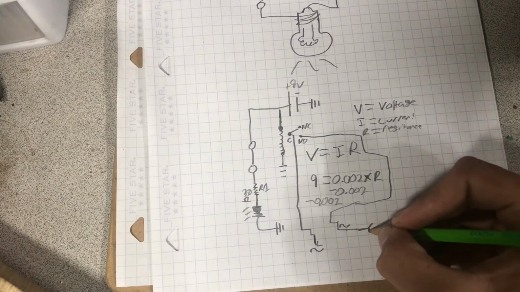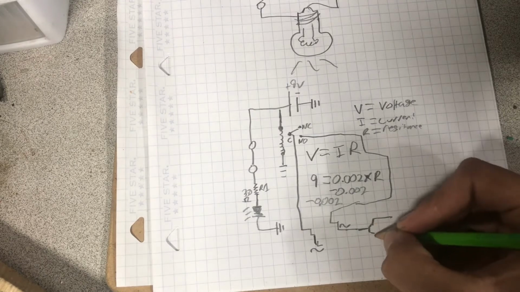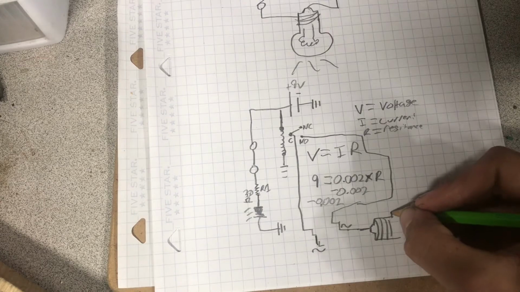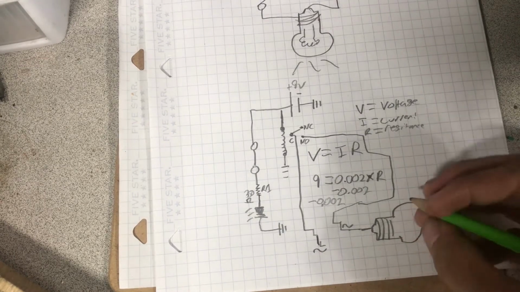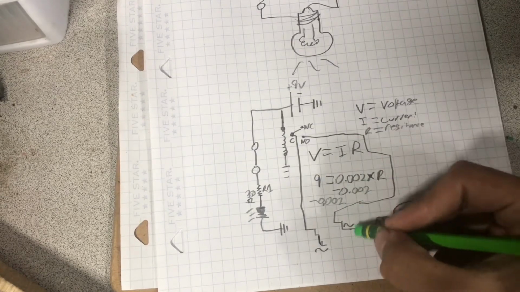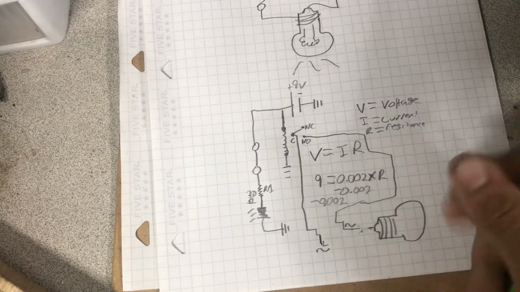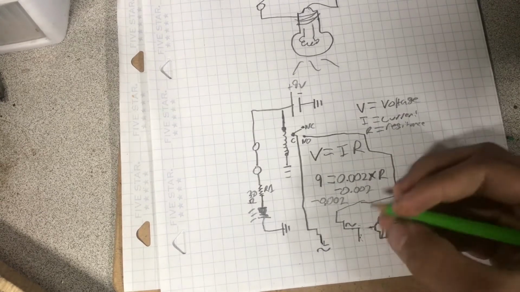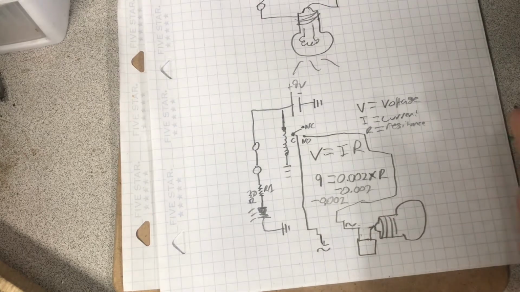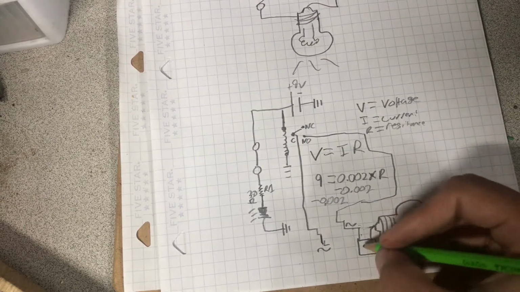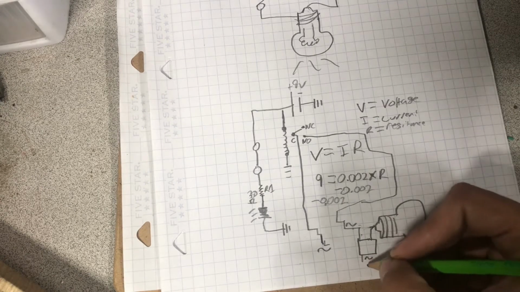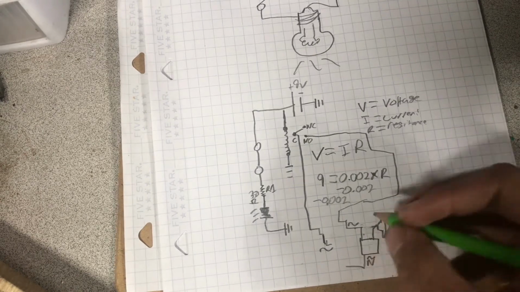Usually we'll cut this right here, and then we'll have some kind of driver circuit to drive the strobe light. This is also going to need another AC connection, which is the neutral. So that's going to go there.